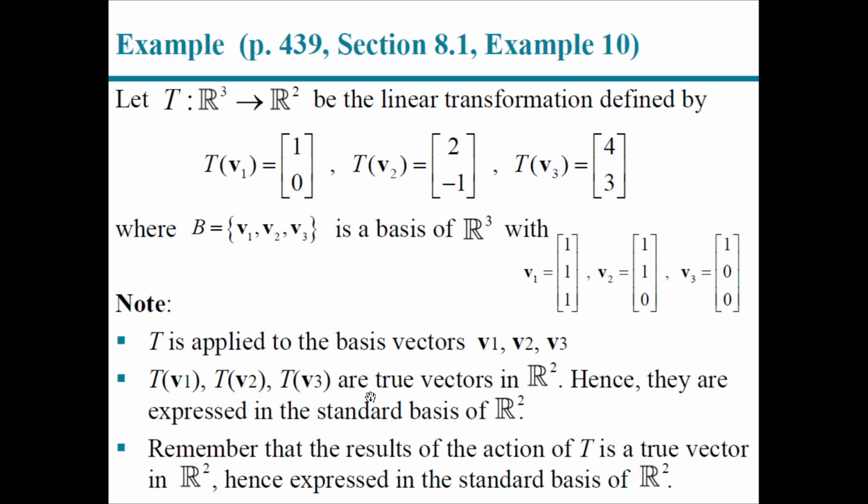Now the good news is we know that the coordinates in the standard basis of any vector are the components of the vector, the entries of the vector. So we can kind of identify those. Okay, fine. And remember, in this case, the basis we are working with for R2 is the standard basis. So it's pretty much done. The job is done here.